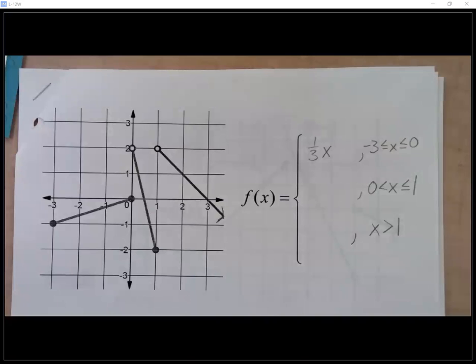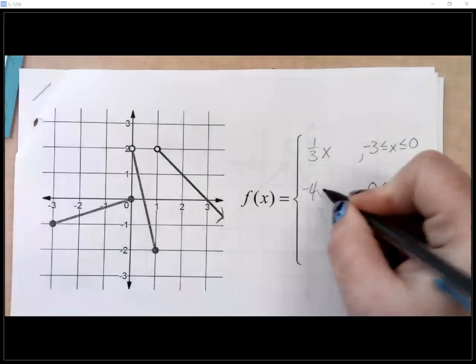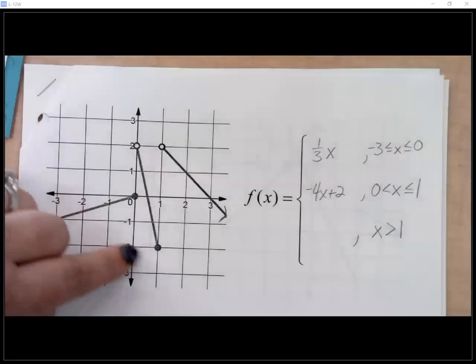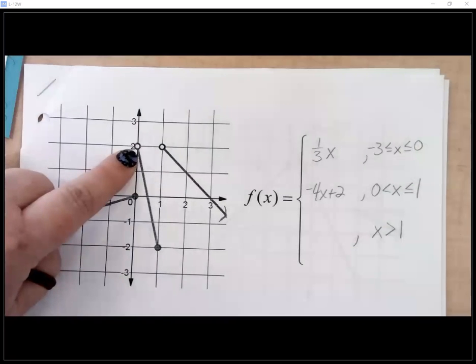Henry, you? -4x. Oh, +2. Yes, perfect. -4x plus 2. Did everybody see that? So we have a slope of -4. I'm going down 4/1, and my y-intercept is at +2. Okay, so that's that chunk.